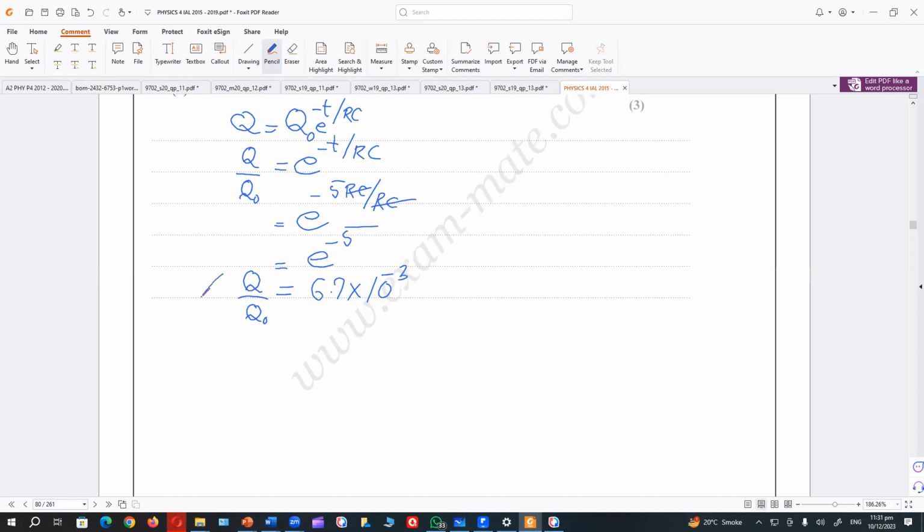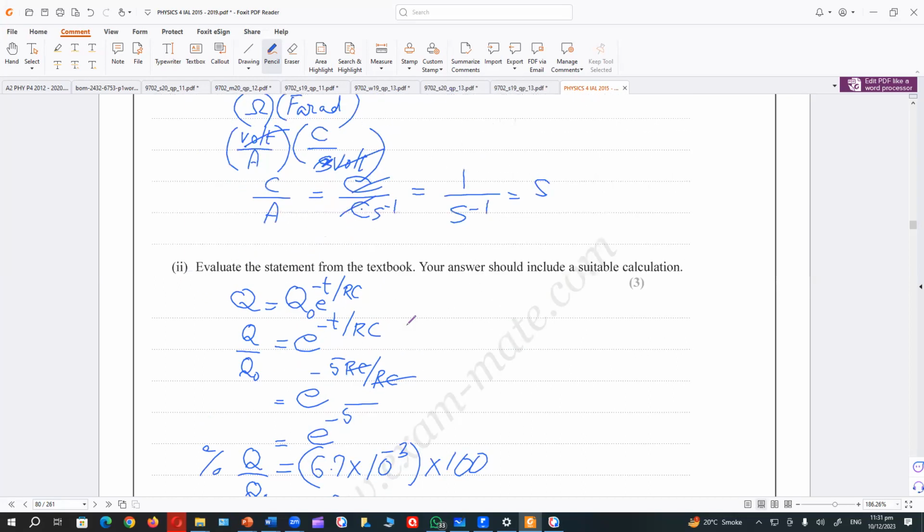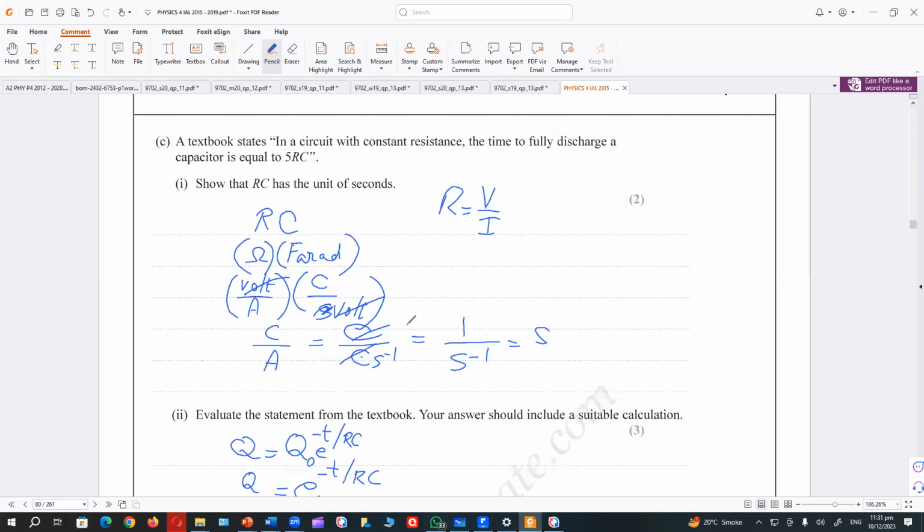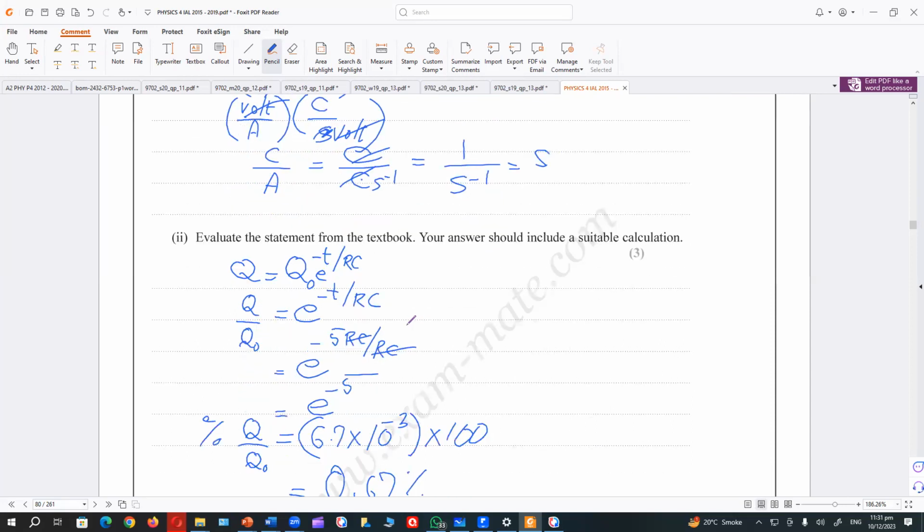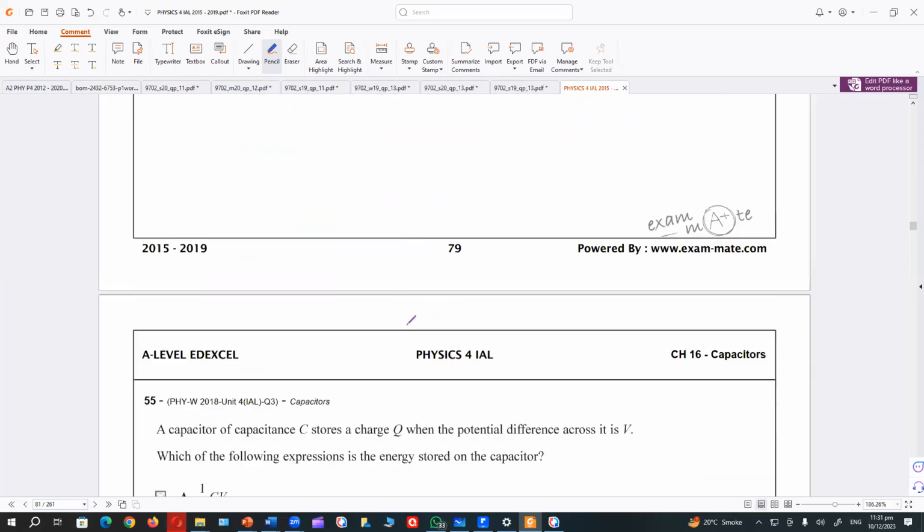So I want to make it a percentage, times 100. 0.67%. So it's very little, not even 1% is discharged. So should I say the textbook is right or the textbook is wrong? Wrong, the textbook is wrong.